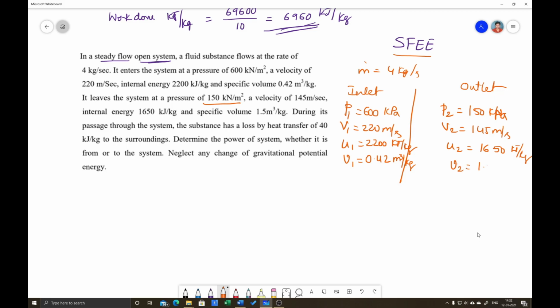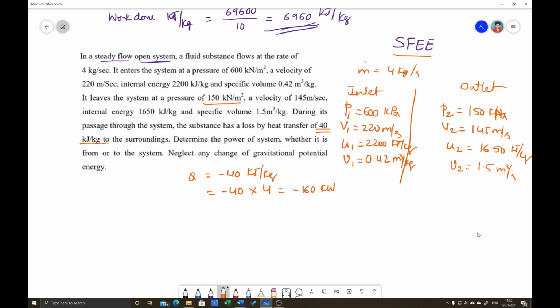Specific volume small v2 is 1.5. Here also heat transfer is same. Heat is lost, so it is getting out of the system. So Q is equal to minus 40 kilojoule per kg fluid it is given. So if you convert it for total fluid, 40 into 4, which is minus 160 kilowatts.